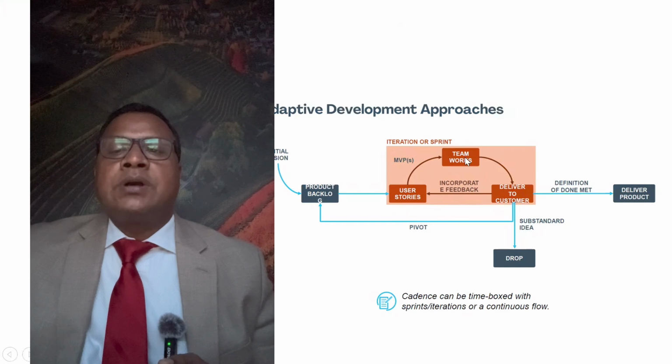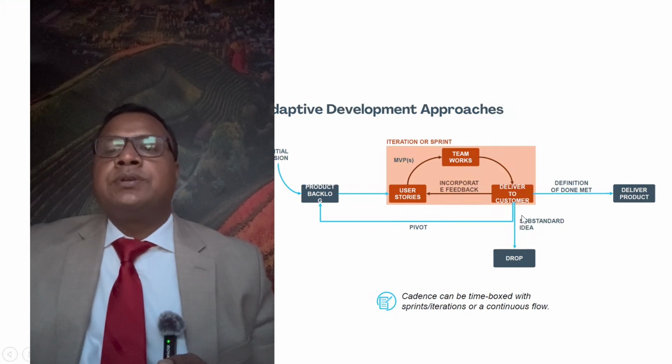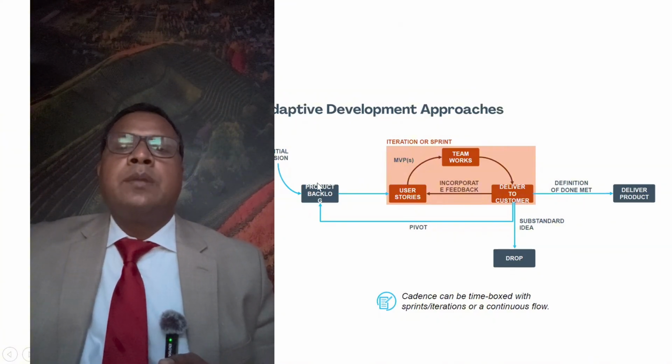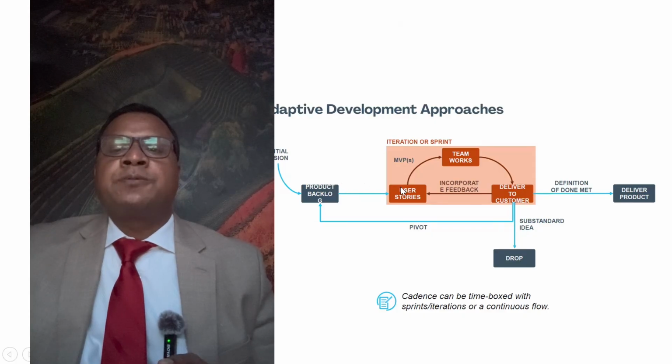So the team works there, and we deliver it. They are not satisfied, so they give the stories and backlog again to the product owner. The product owner explains the user stories, and we get the minimum viable product. It goes to the team, who work there and deliver it. Again, it is not satisfied, so it will go this way.